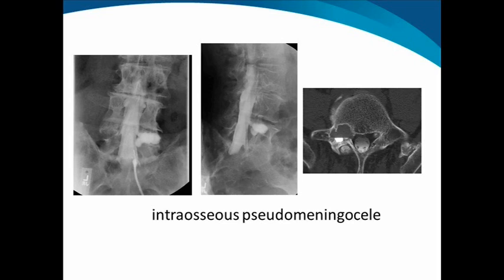On the left you're seeing during the contrast administration, so certainly only a few seconds after the contrast is being injected, there is prompt filling of this structure, this intraosseous pseudomeningocele. On the right-sided axial CT reconstructed image, you can see a fluid level of contrast within this pseudomeningocele.